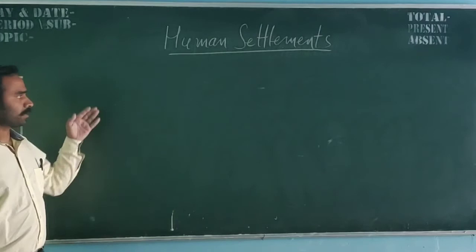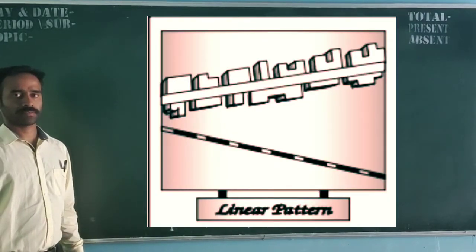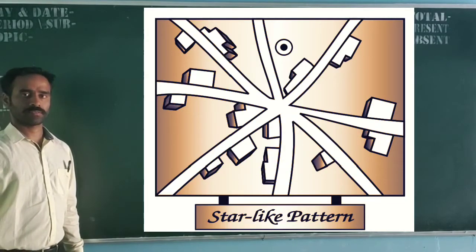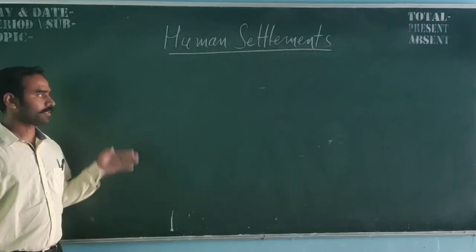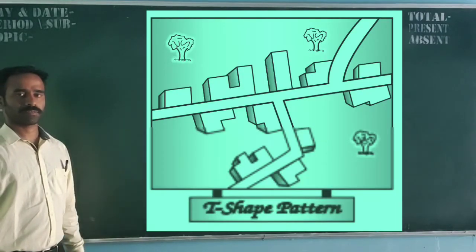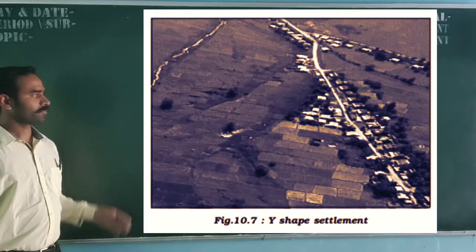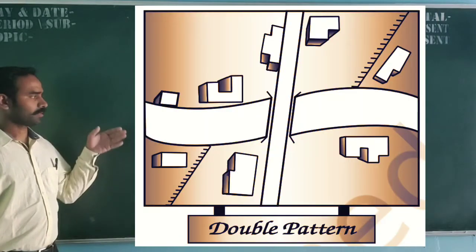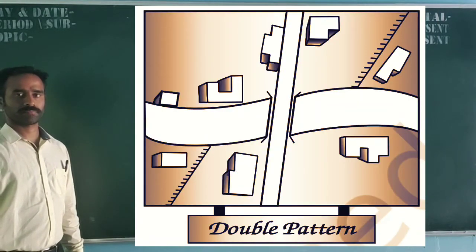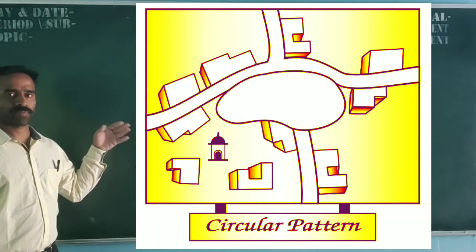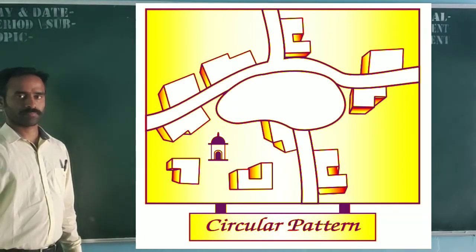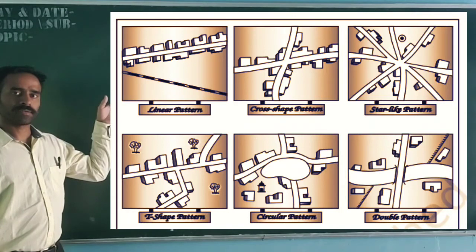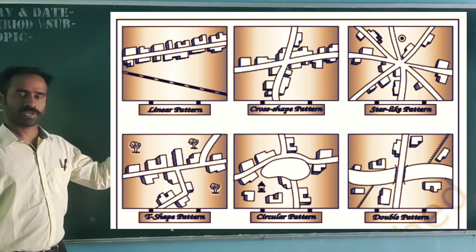Now you can see the linear pattern, the star-like pattern, the T-shaped pattern, the Y-shaped pattern, the double village, and the circular pattern. In this picture, you can see all the settlement patterns together.